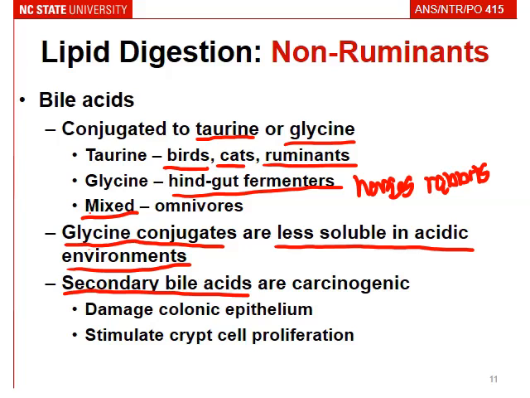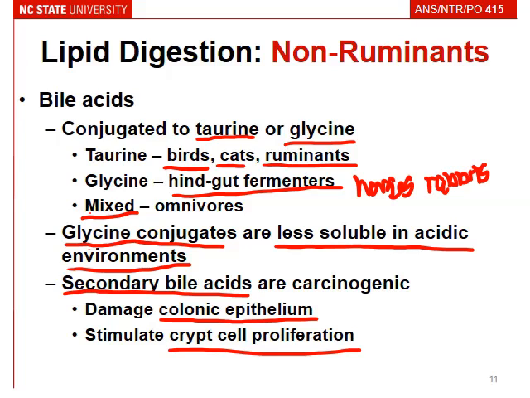So the secondary bile salts actually damage the colonic epithelium, and at the same time, they stimulate crypt cell proliferation. So we have more of these crypt cells proliferating, and we damage additional components of the colonic epithelium. All of that is going to lead to increased rates of colon cancer.